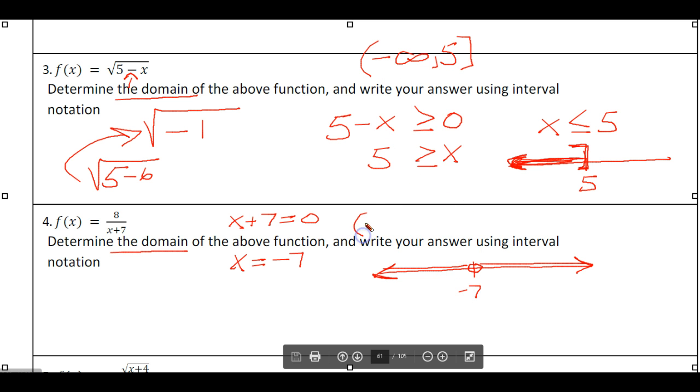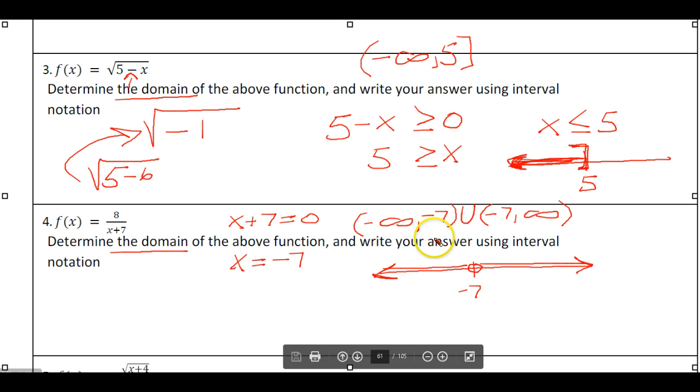So it's going from negative infinity up to just before negative 7, and then we use a parenthesis to indicate that negative 7 is not included. Here 5 was included, we used a bracket. And then we use a union symbol, and then starting on the other side of negative 7 going to positive infinity.